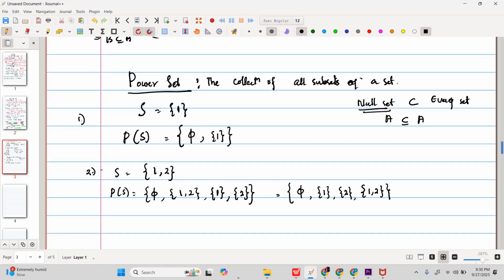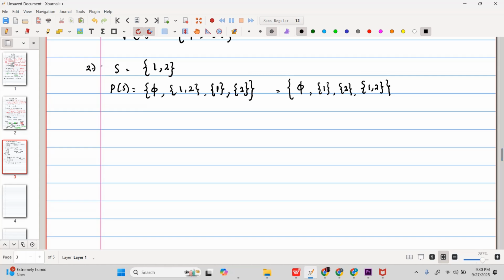Okay. Then if there are three elements like 1, 2, 3, how can we express P of S? First we have the null set. Instead of phi we can use the empty set. This is also fine.